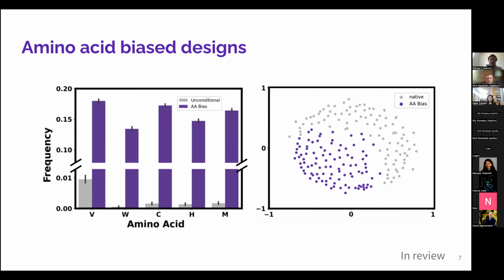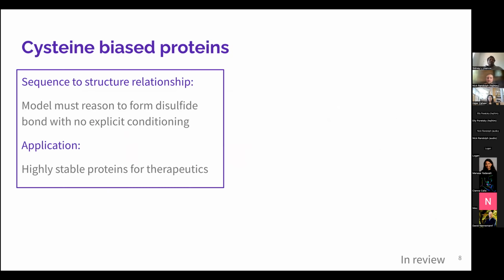And then to see how these designs compare against native sequences, we have a multi-dimensional scaling plot to the right here, and you see that the AA bias proteins occupy their own unique space relative to the native proteins, indicating to us we're making novel sequences that nature would not sample on its own.